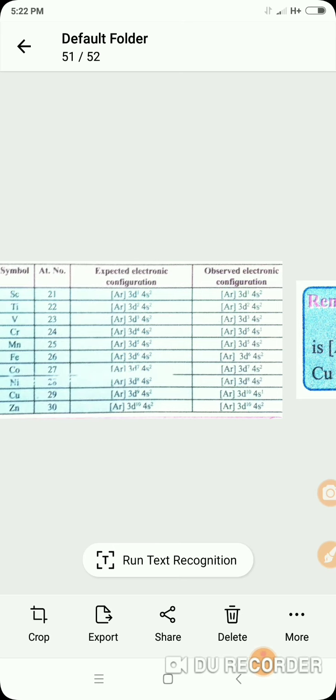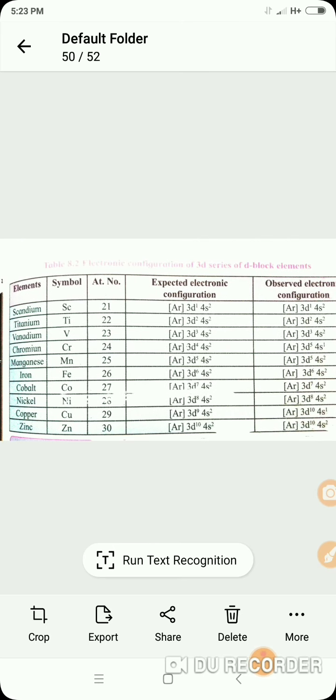So today we studied the exceptional electronic configuration of chromium and copper. We can also call it the anomalous behavior of chromium and copper, and they show it because of extra stability: orbitals or subshells that are half filled or completely filled have extra stability.